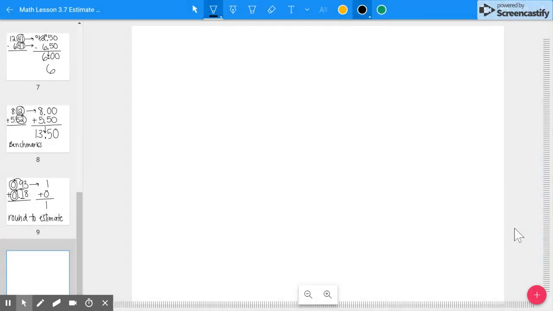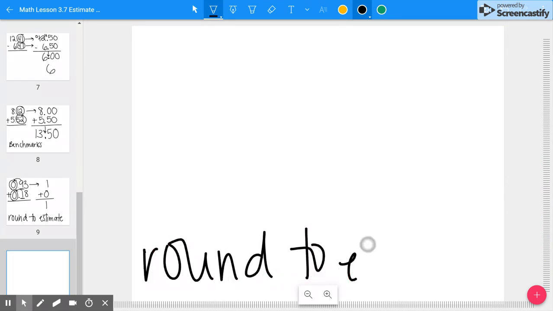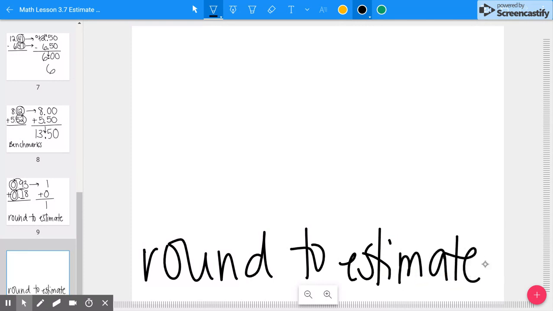Let's look at one more. If my directions say to round to estimate, I am going to round to the whole number.